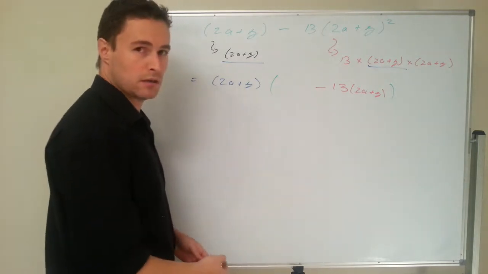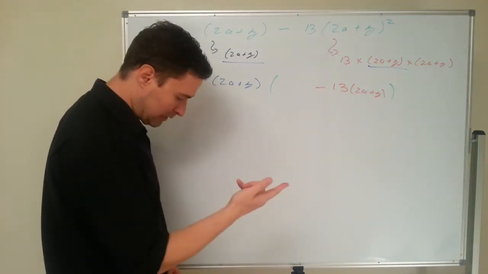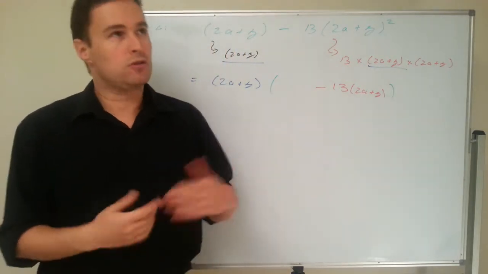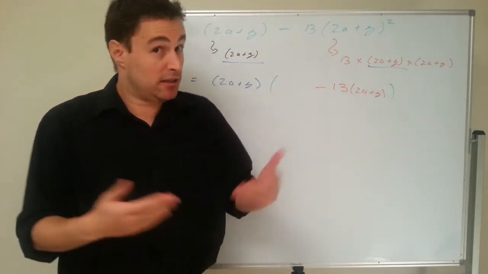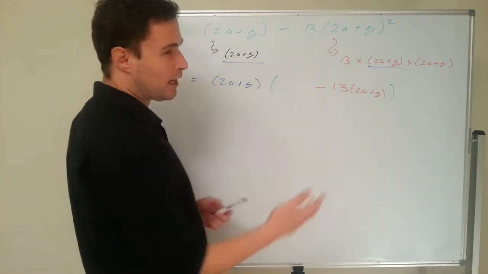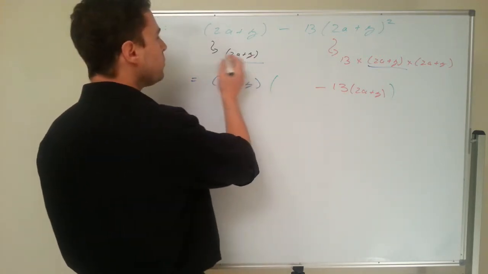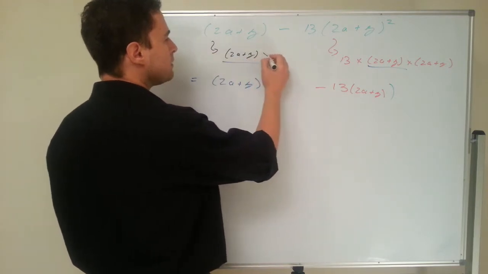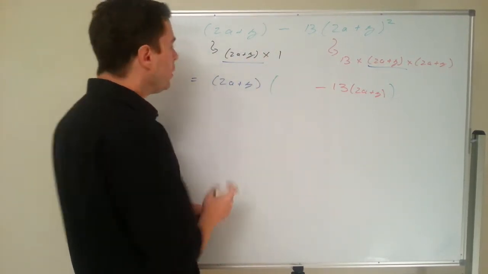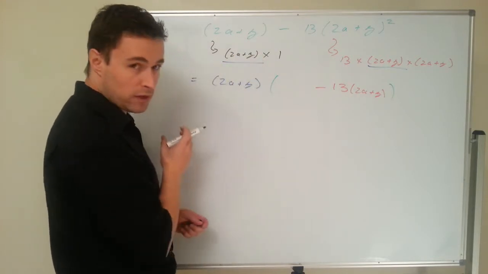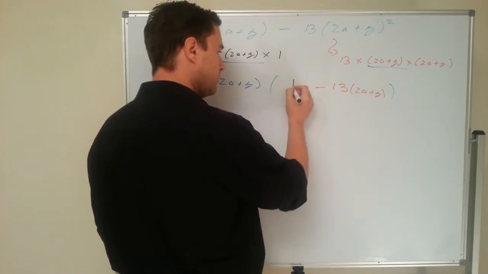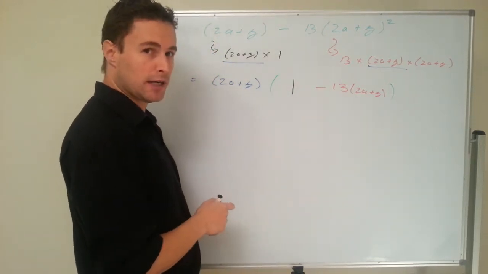What's missing here? This is where you have to be a little bit clever. Remember that if I times anything by 1, it doesn't change anything. 2 times 1 is 2, 5 times 1 is 5, x times 1 is x. So this is what I call times by 1, invisible 1. There's always an invisible 1 hiding that I can always use. So if the whole of the thing is a common factor, you must remember that I've got that invisible 1 that's still hiding there.